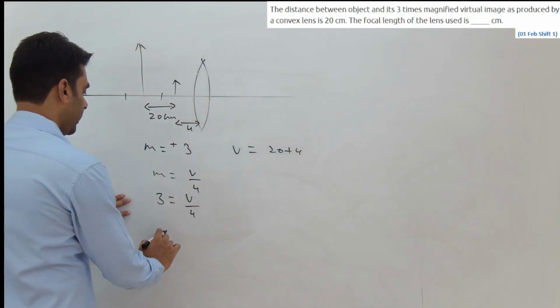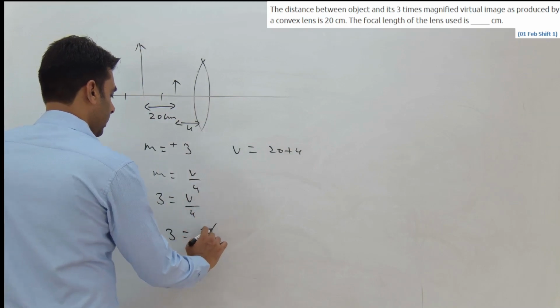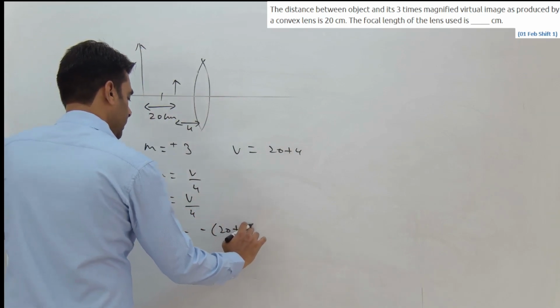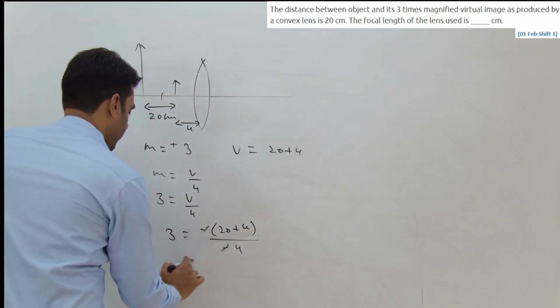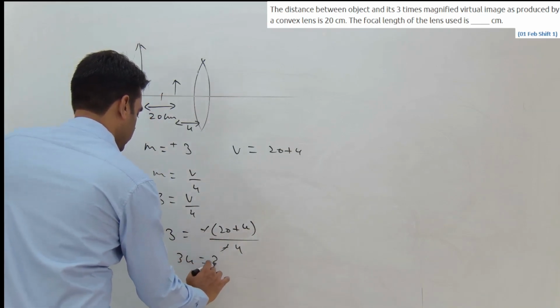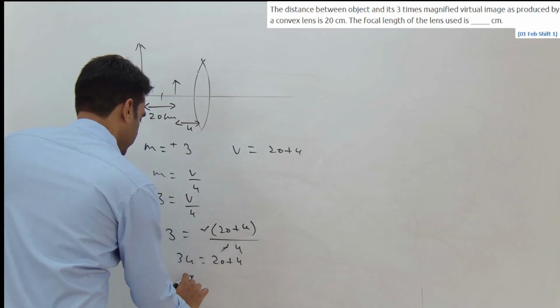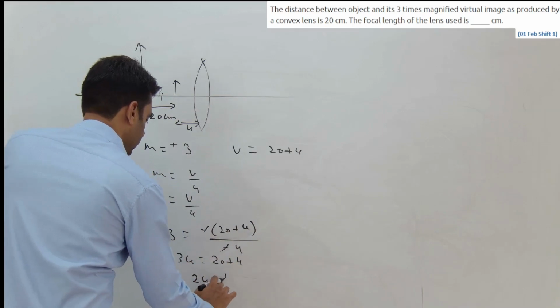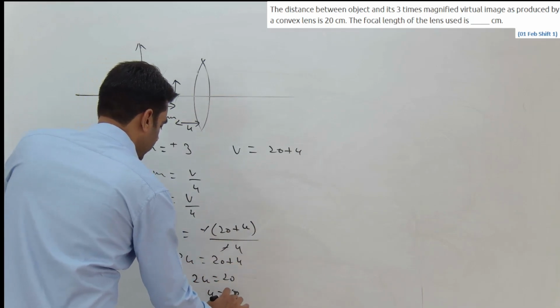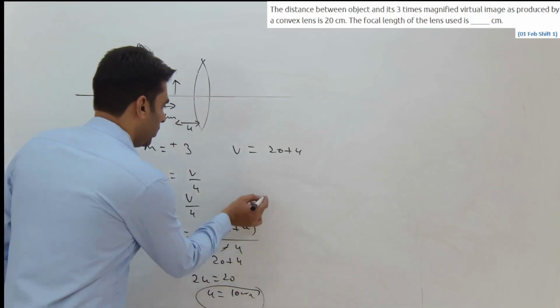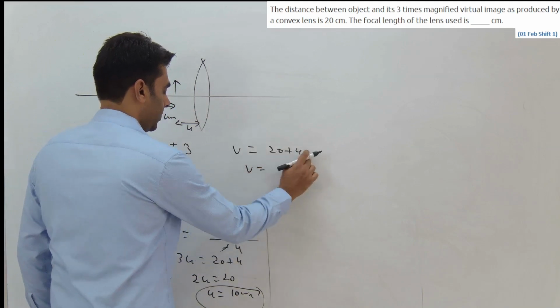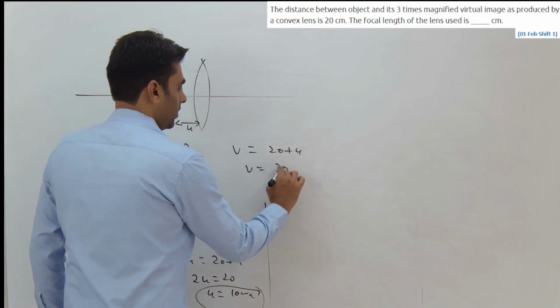So 3 is equal to minus (20 plus u) by minus u, right? We get 3u equal to 20 plus u, which gives 2u equal to 20. So the u value comes out to be 10 centimeter. Your image distance v will be 20 plus 10, that is 30 centimeter.